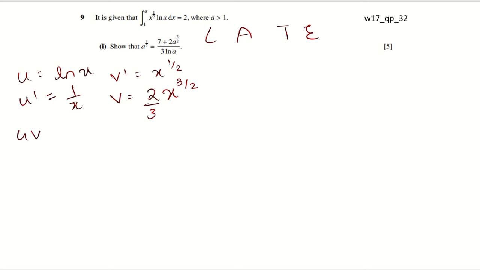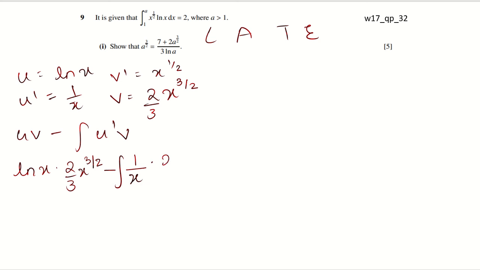Anyway, so uv minus the integral of u prime v. So that's going to be ln x times 2/3 x^(3/2) minus the integral of 1/x multiplied by 2/3 x^(3/2).